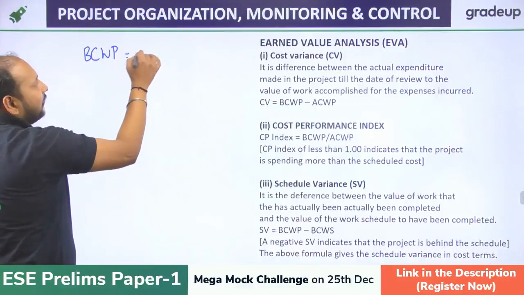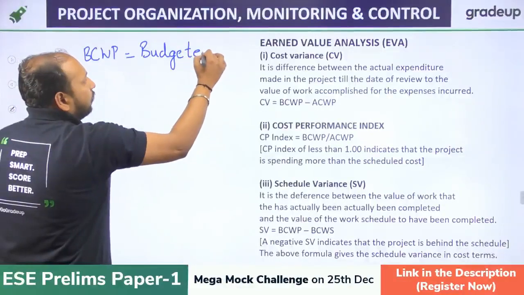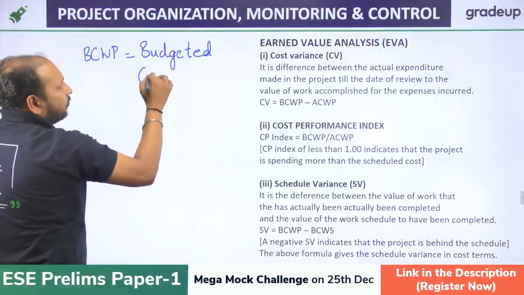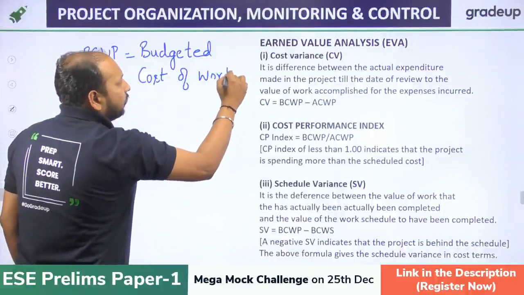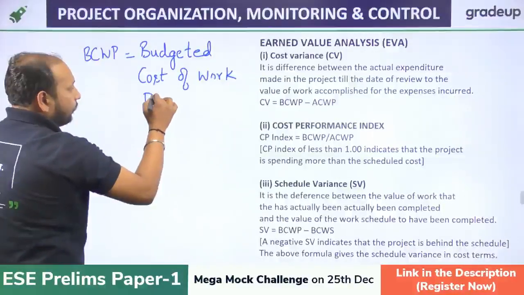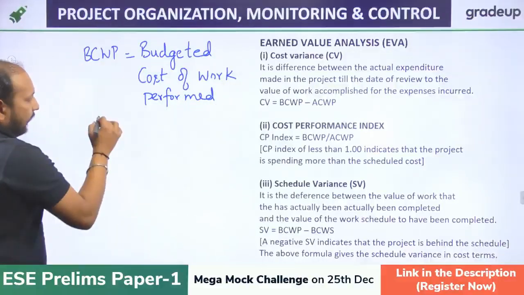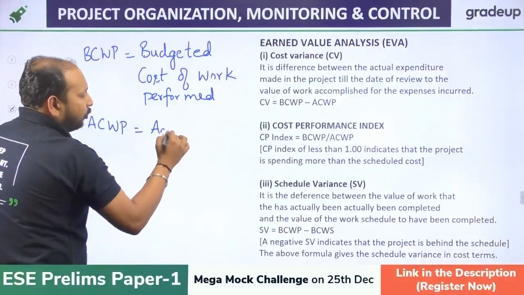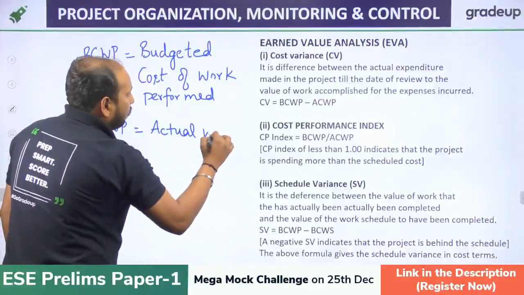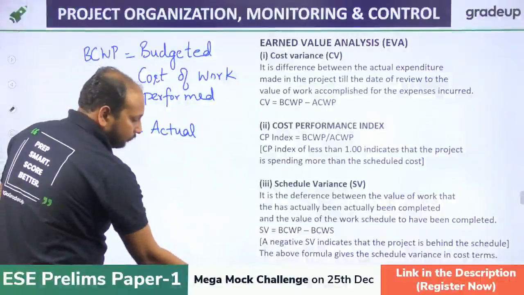BCWP is basically budgeted cost of work performed. ACWP is actual cost of work performed.